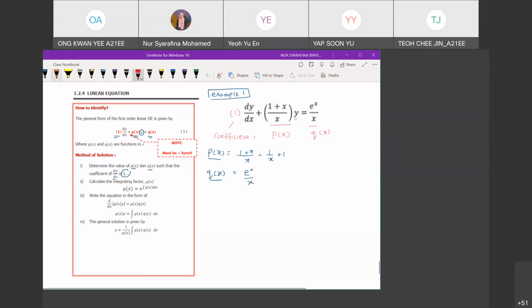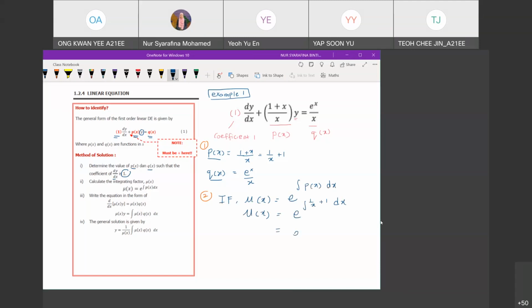Okay, so you have identified your P and Q. The second step is what? Calculate the integrating factor. So what is the integrating factor? The integrating factor, known as mu(x), equals e to the power of the integral of P(x) dx. So your mu(x) for this case equals e to the power of the integral of 1 over x plus 1 with respect to x.